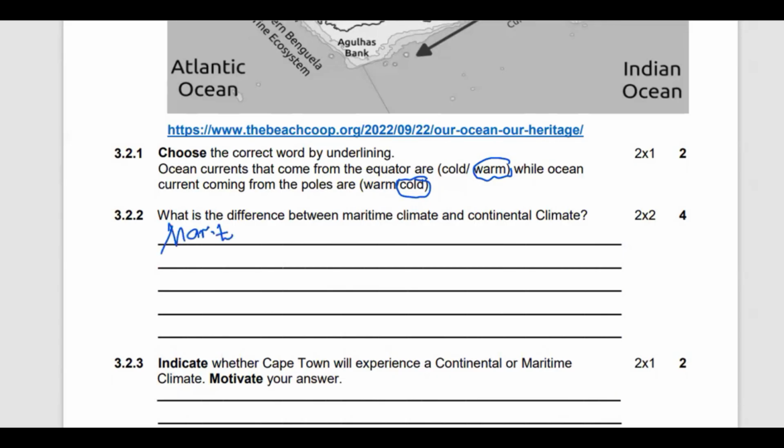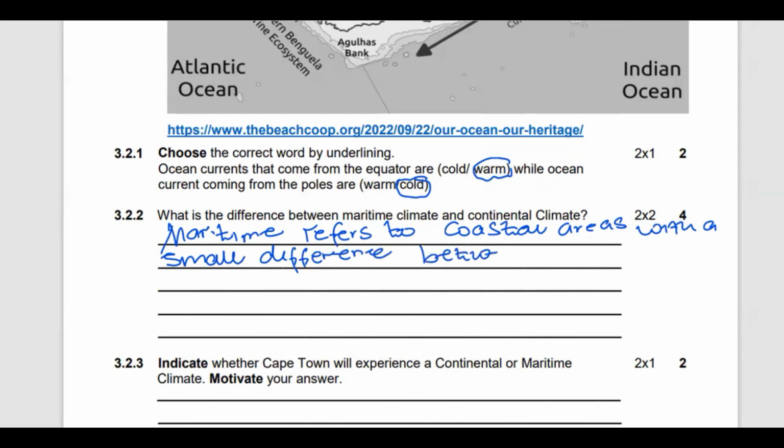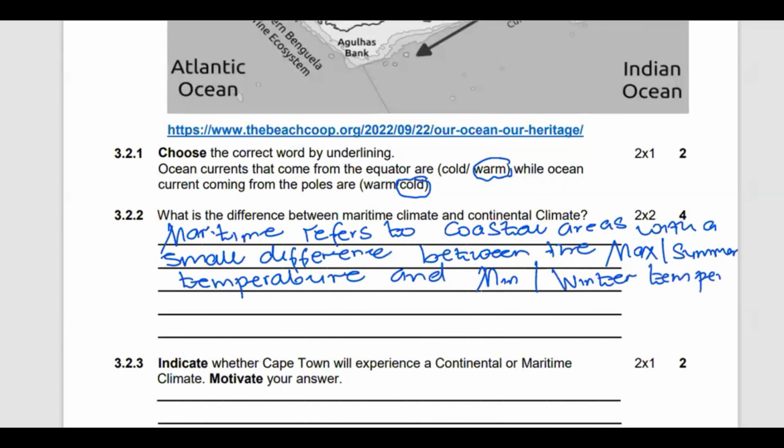What is the difference between maritime climate and continental climate? Maritime refers to coastal areas with a small difference between the mean summer temperature and mean winter temperature.